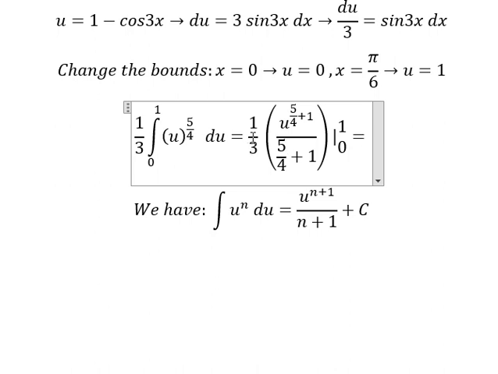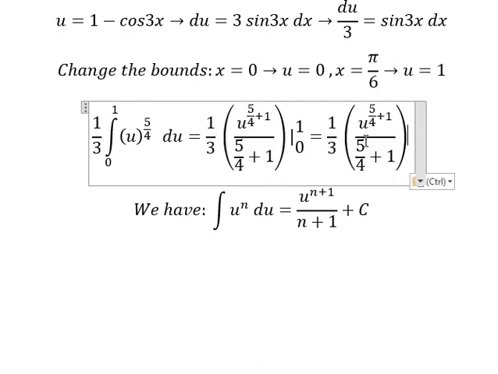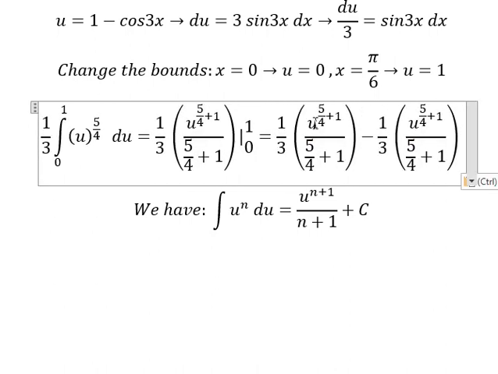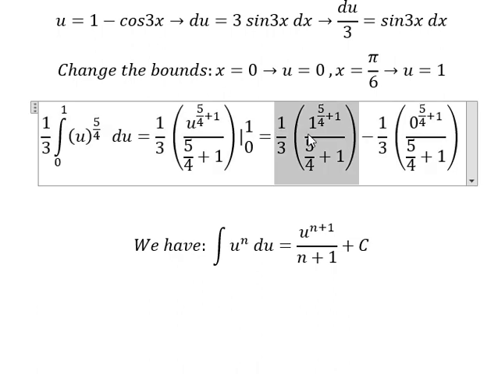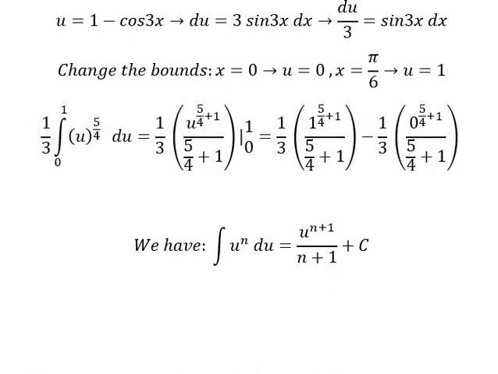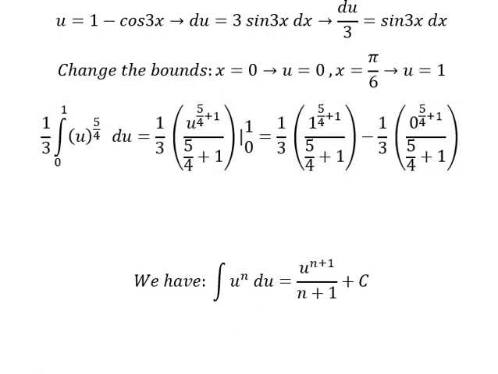And now we have it like this. So we calculate this one, and we have 4 over 27.